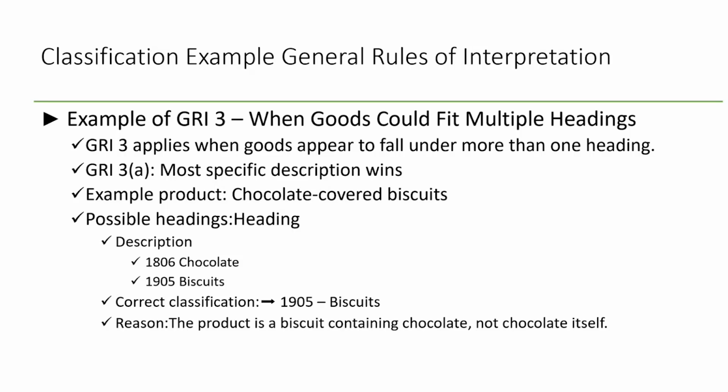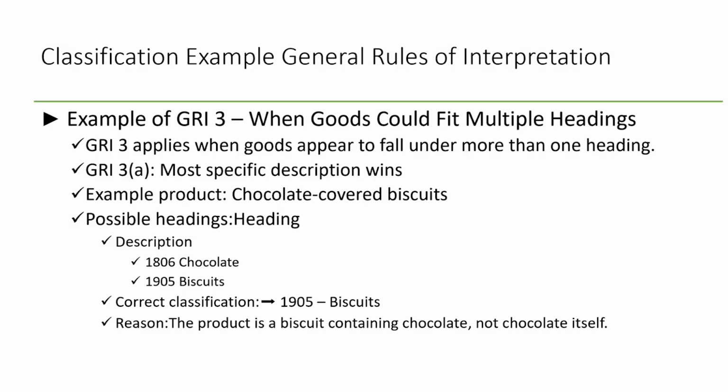You need to check and make sure that there's no other commodity code that's more specific than the one you're using. An example of the GR3 rule would be chocolate covered biscuits, right? There are two possible headings: it's chocolate covered, but it's also a biscuit. The heading for chocolate is 1806.